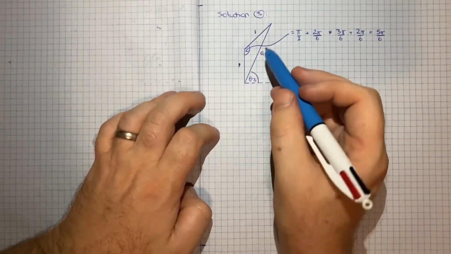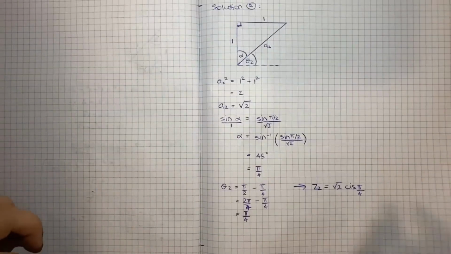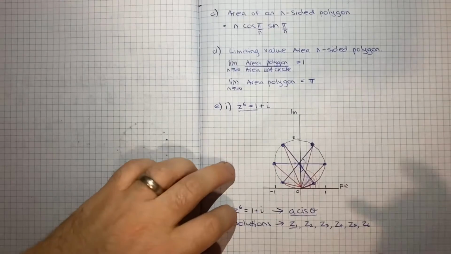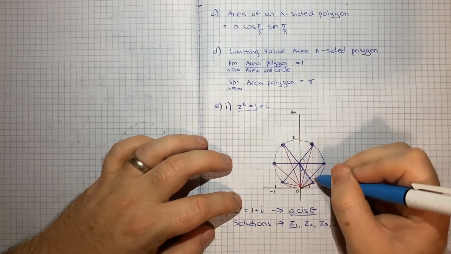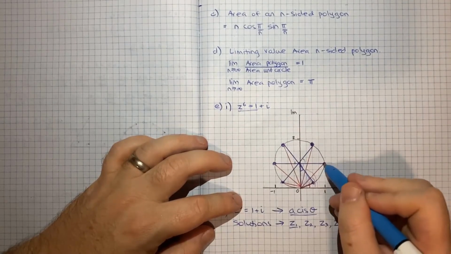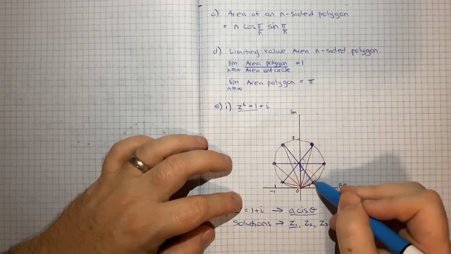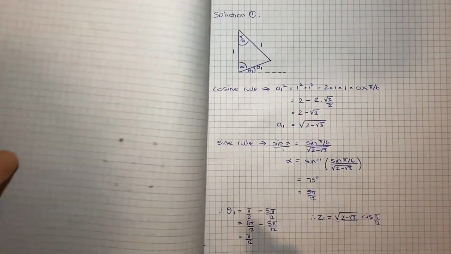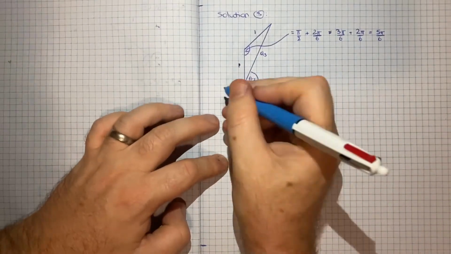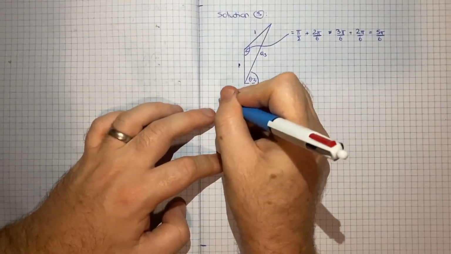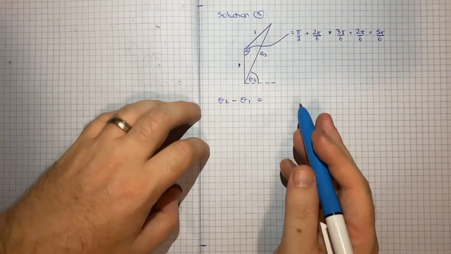Actually, one thing, before I go about finding the length, what we can say about this theta 3, this argument up to here, I can actually say the movement from point 2 to point 3, that angle, is going to be the same as the movement from point 1 to point 2. So first of all, let's find that movement. So what is theta 2 minus theta 1? What was that angular movement between the 2 points?